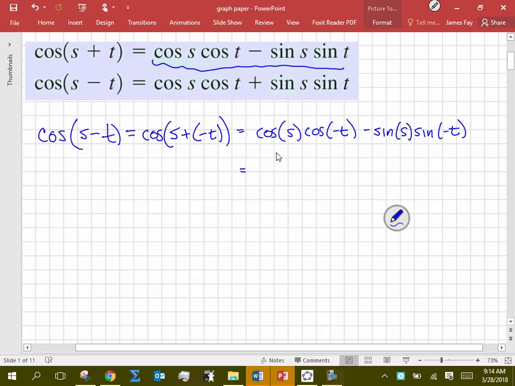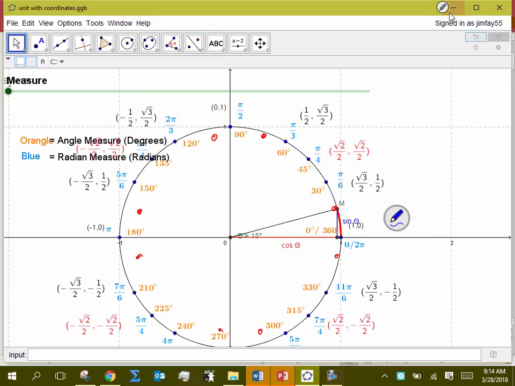Cosine s is just cosine s, right? That doesn't change anything. But do you guys know what cosine of negative t is? Good, that's cosine of t. Remember from the unit circle, let's do 30 degrees here.